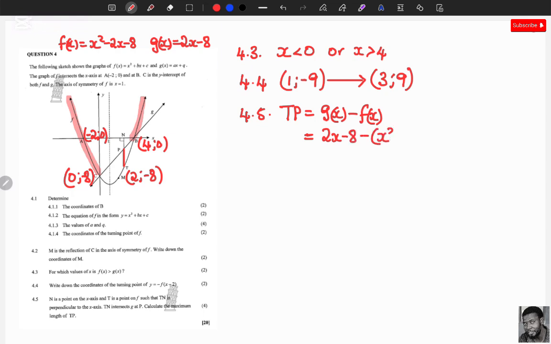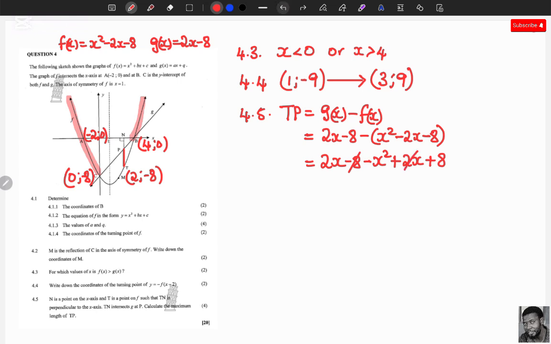That would be x squared minus 2x minus 8, and this will give us 2x minus 8 minus x squared plus 2x plus 8. The minus 8 and plus 8 will cancel out.